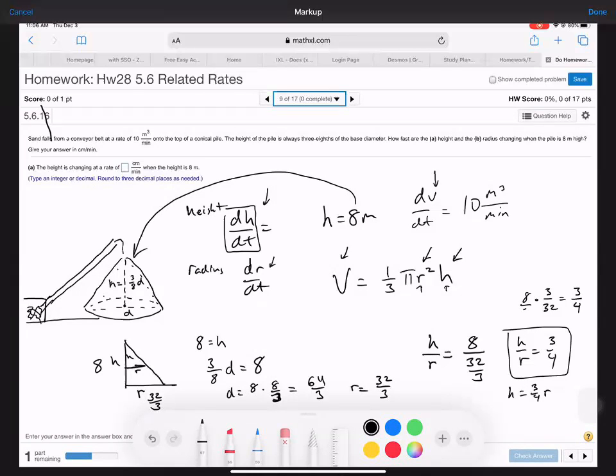Or if you want, if I flip it, r over h is equal to 4 over 3, so r is equal to 4 over 3 h. Whichever one you want to use is 100% up to you. I am going to solve for h first. See how I'm going to solve for h first? I want to get rid of all my r's and write them in terms of h.